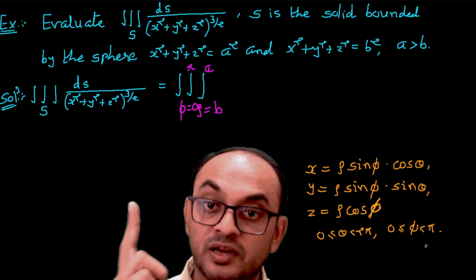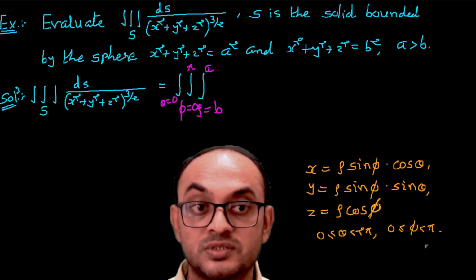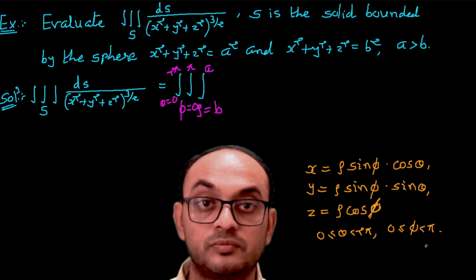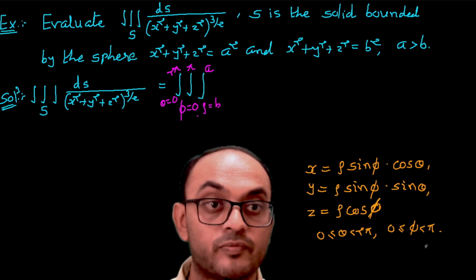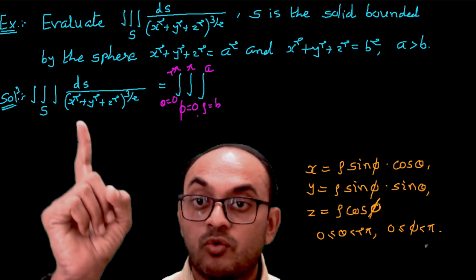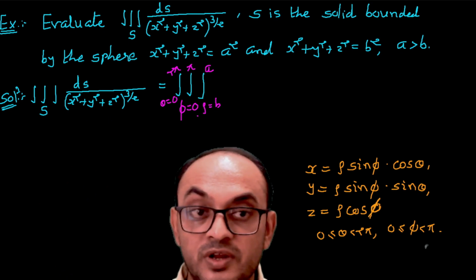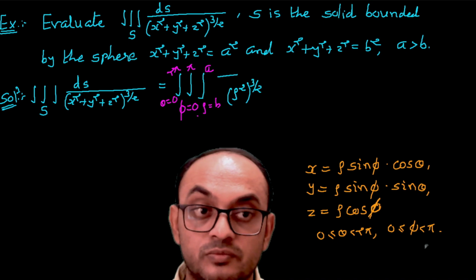And theta is a full circle, so theta is equal to 0 to 2 pi. Then what is x square plus y square plus z square? x square plus y square plus z square is rho square, whole raised to 3 divided by 2.